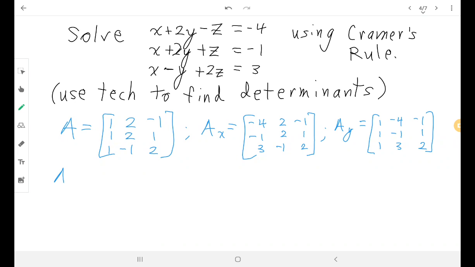And then you need an A sub z, where you copy the x and y columns, and you replace the z column with the answers.